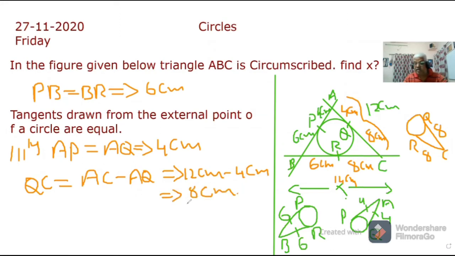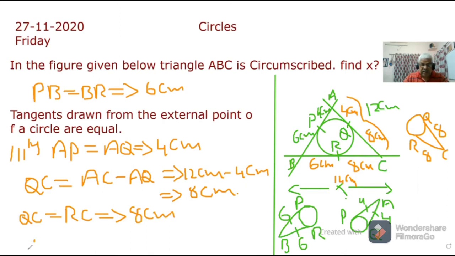As you got this, our last stage: QC is equal to RC, which is also equal to 8 centimeters.